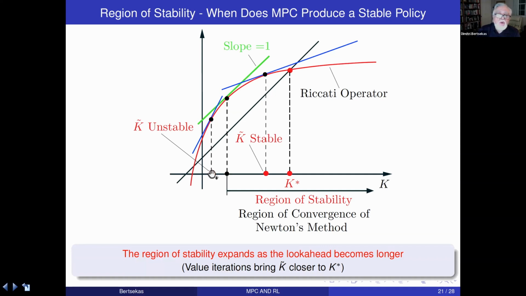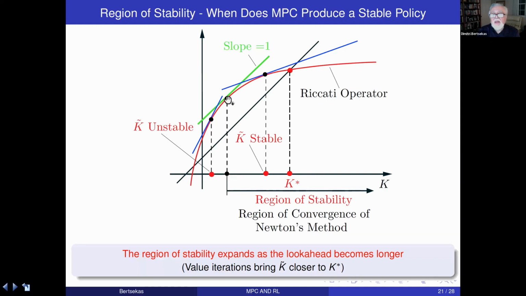On the other hand, if you consider this K tilde, the corresponding slope is greater than 1, and the MPC policy is unstable. And so the axis of all K, the horizontal axis, is divided into two parts: the stable part, the region of stability, and the unstable part.